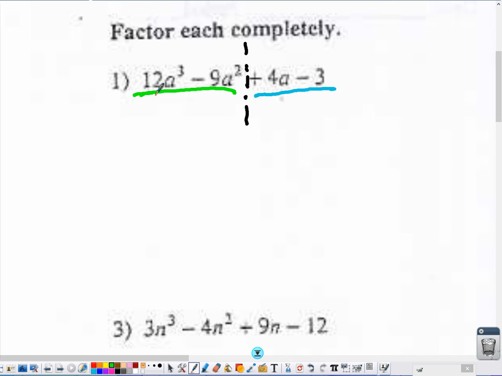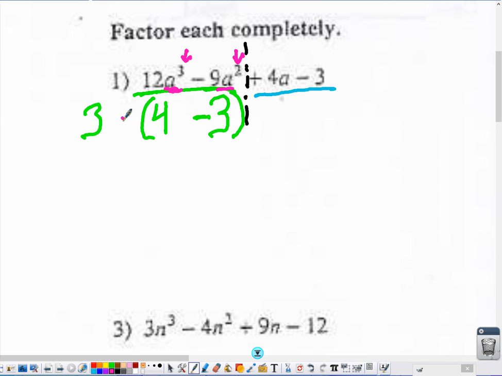I'm going to look at 12 and 9 and say, is there anything that I can divide 12 and 9 by easily? And the answer is, well, yeah, 3. So I'm going to start with that. I'm going to divide 12 by 3, and I get 4. I'm going to divide 9 by 3, and I get 3, minus 3. Well, then I look at the variables. Here, I have 3 A's, and on this one, I have 2 A's.